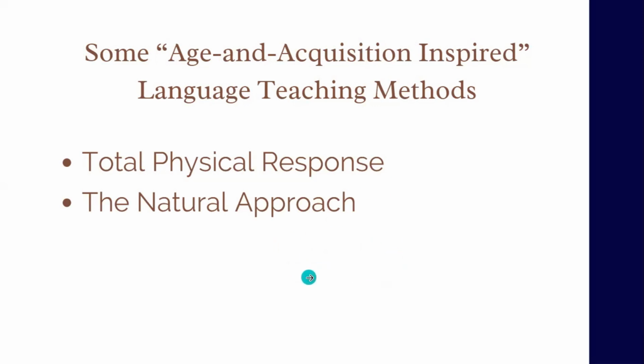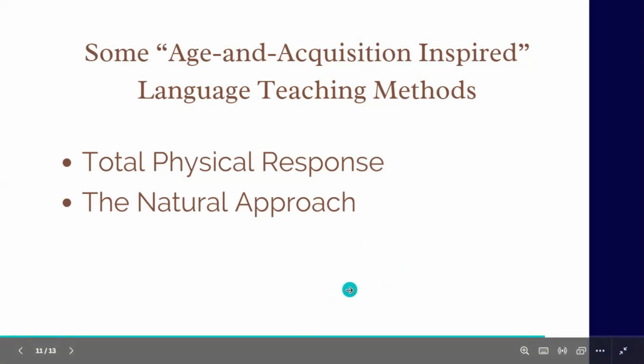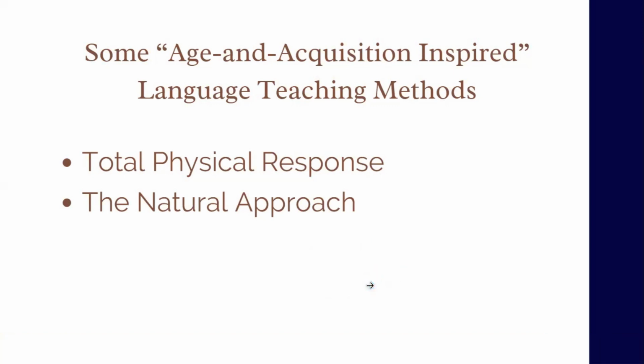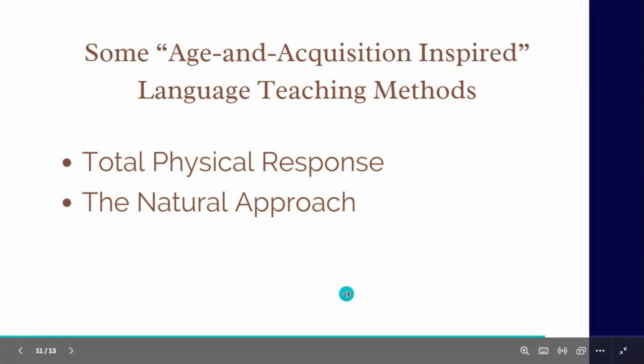And then the second method is the natural approach. So the idea of the natural approach is teaching the second language, in this case English, in a natural setting. The natural setting is communicative in a sense that students are not only listening and repeating the teacher, but they would also communicate.